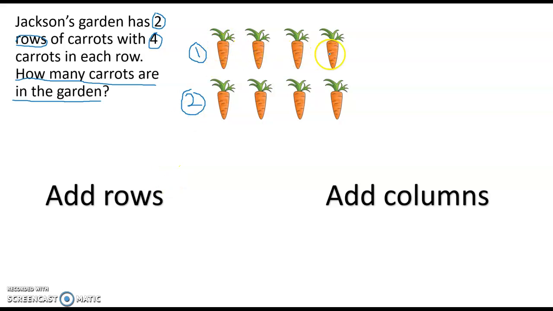So looking at our rows, we've got 4 in each row. We've got 2 rows, so we've got to add 4 2 times. I know my doubles facts, and I know that 4 plus 4 equals 8.